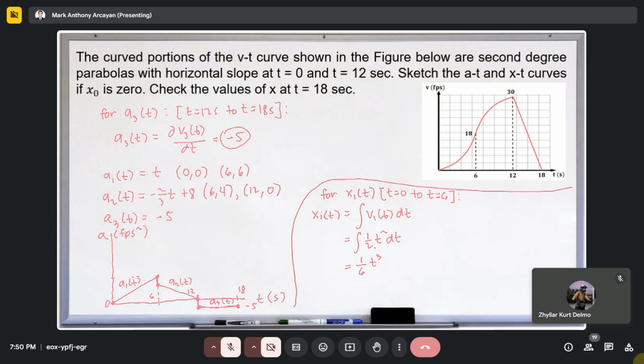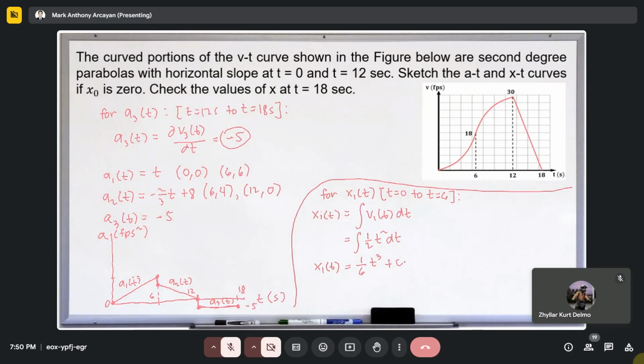Then in the denominator, we have 2 times 3, that is 6, and then plus c. Here, class, our parabolic function from the velocity turns into a cubic function for the displacement because we integrate. When we integrate, we can notice that the degree of the polynomial will increase, because of the power rule.